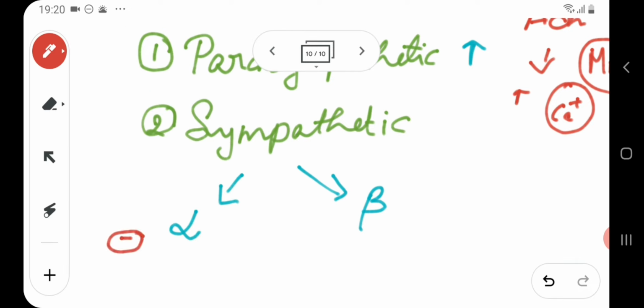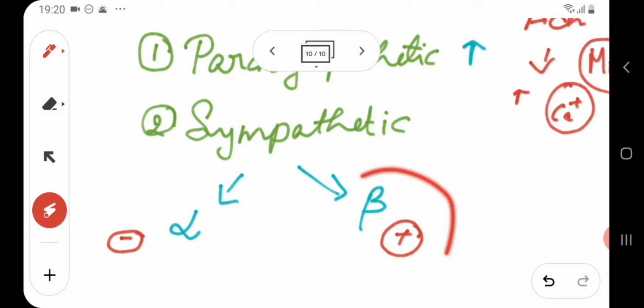When the beta receptor is activated, the insulin secretion is increased.